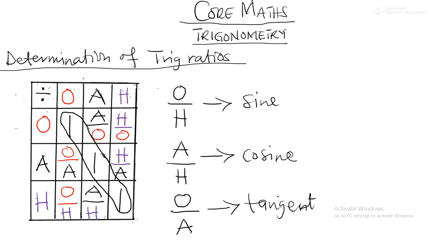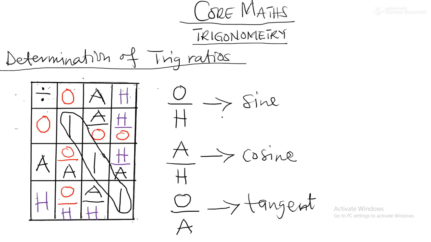Okay, good. Now you realize that I told you that these ratios are related to the reference angle. So if you want to combine the relationship between these ratios and the reference angle, we have a way of writing it.